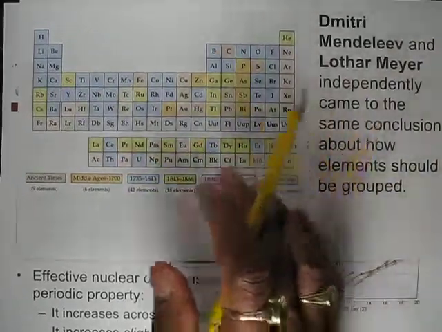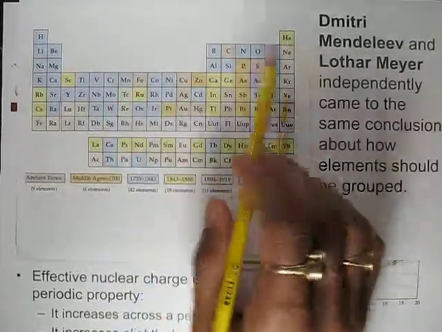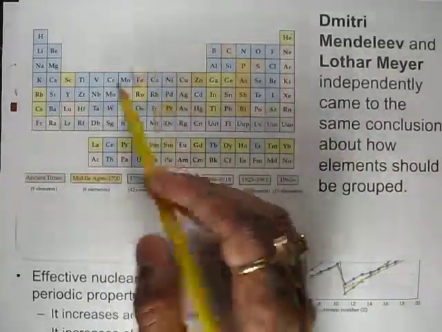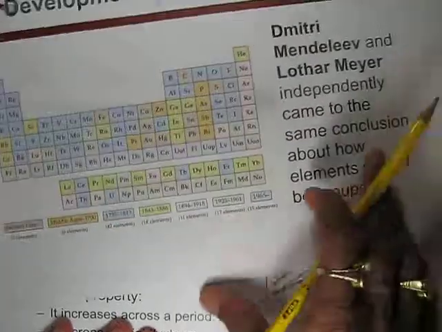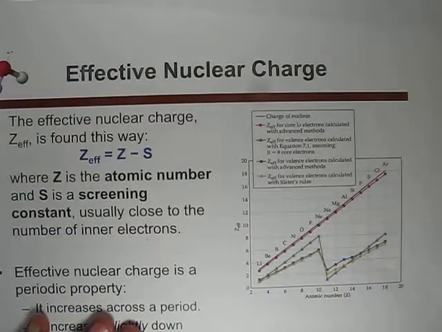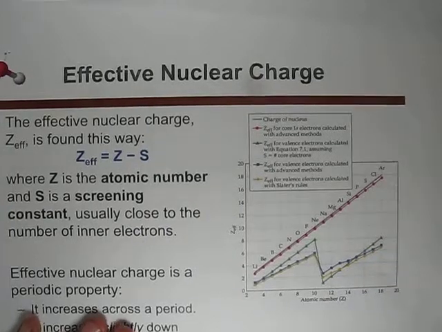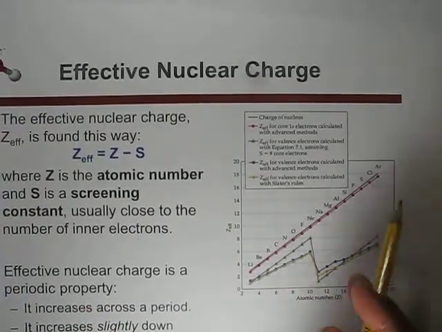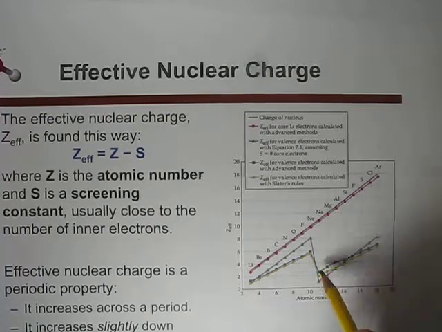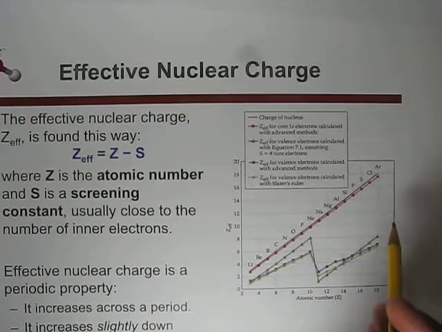So it increases from left to right in the period and from top to bottom also. This graph shows the trend of how the effective nuclear charge is increasing; at some points it decreases but then it increases again.